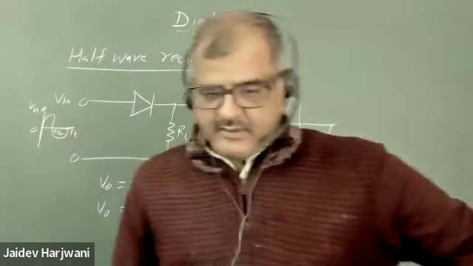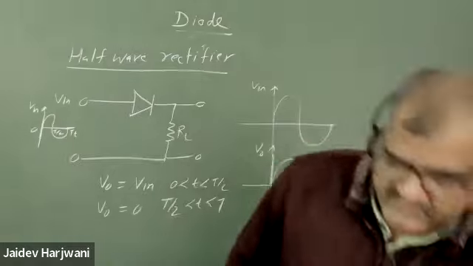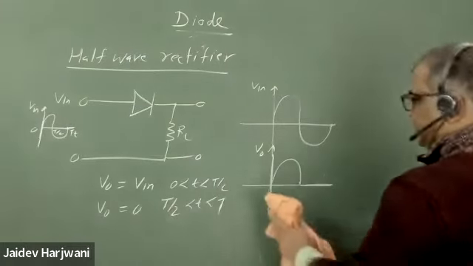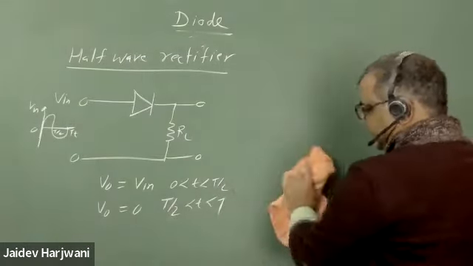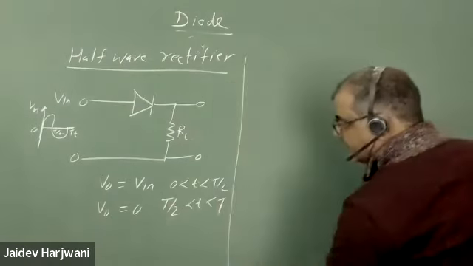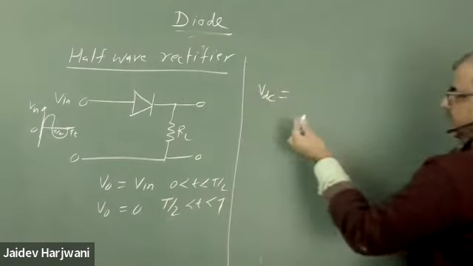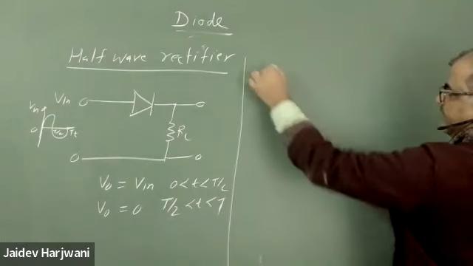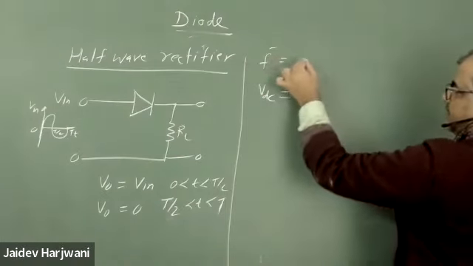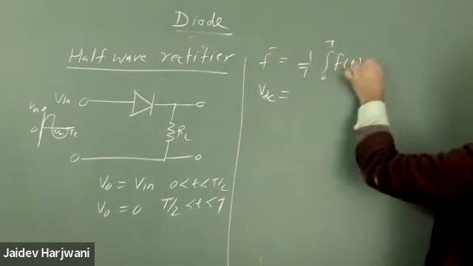Any other way? Student: Integration 0 to T V dt. Yes, very good. If I want to find the DC voltage of any function, the average is 1 by T, integral 0 to T, f(t) dt.